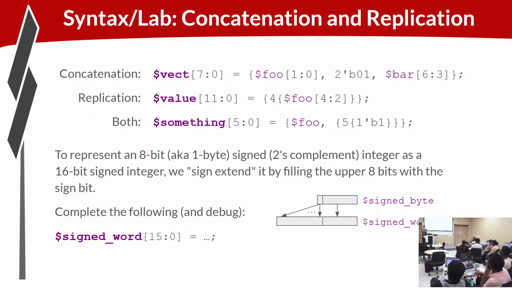You're going to take that upper bit of the byte and replicate that bit in the upper bits of the 16-bit number. That will give you a 16-bit representation of the same 8-bit signed number. So a combination of concatenation and replication here. Okay, so that's your task: to finish this expression here for the signed word that's 16 bits.